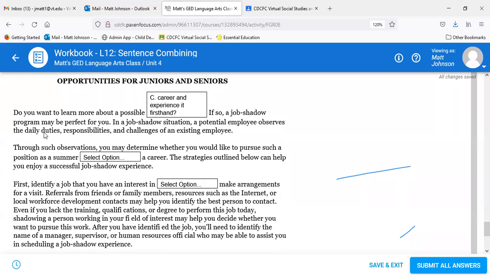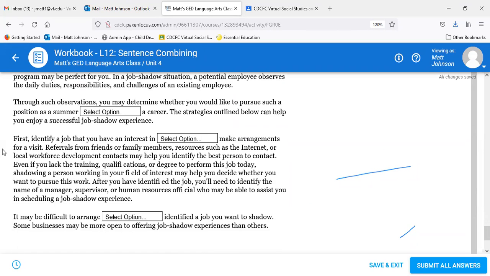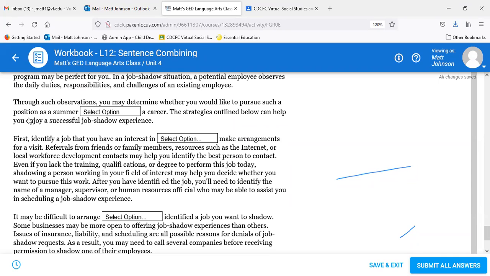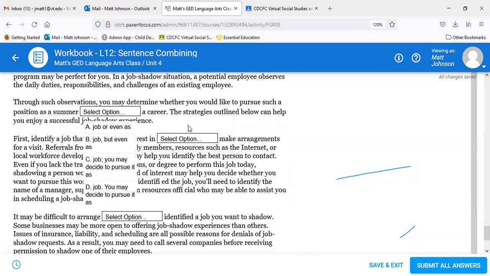So, "Do you want to learn more about a possible career and experience it firsthand? If so, a job shadow program may be perfect for you. In a job shadow situation, a potential employee observes the daily duties, responsibilities, and challenges of an existing employee. Through such observations, you may determine whether you would like to pursue such a position as a summer job."